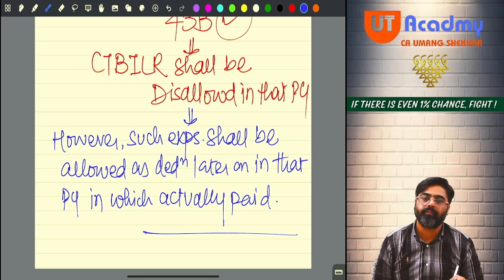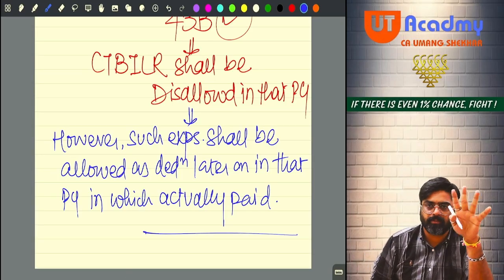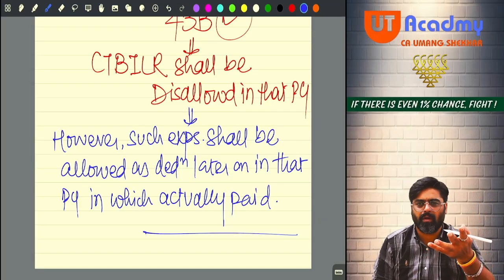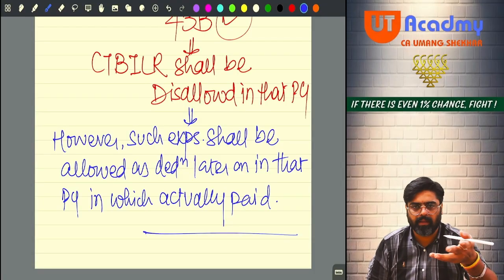Done. So for these expenses, we are supposed to follow whatever it is. This is something which we already know, na? We have already done this.